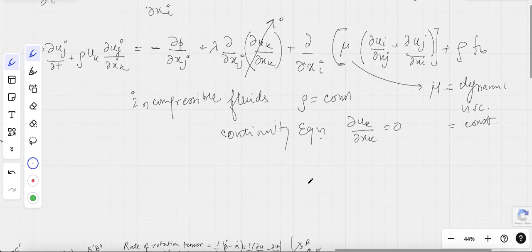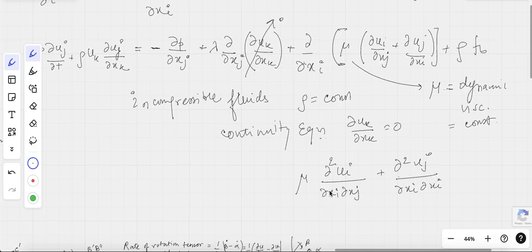So this will be mu into (d square ui by dxi dxj plus d square uj by dxi dxi), right?